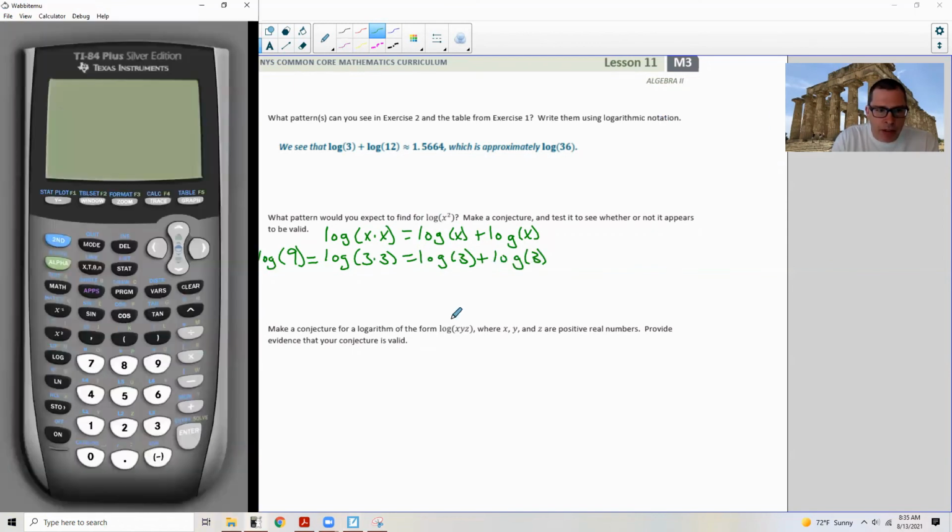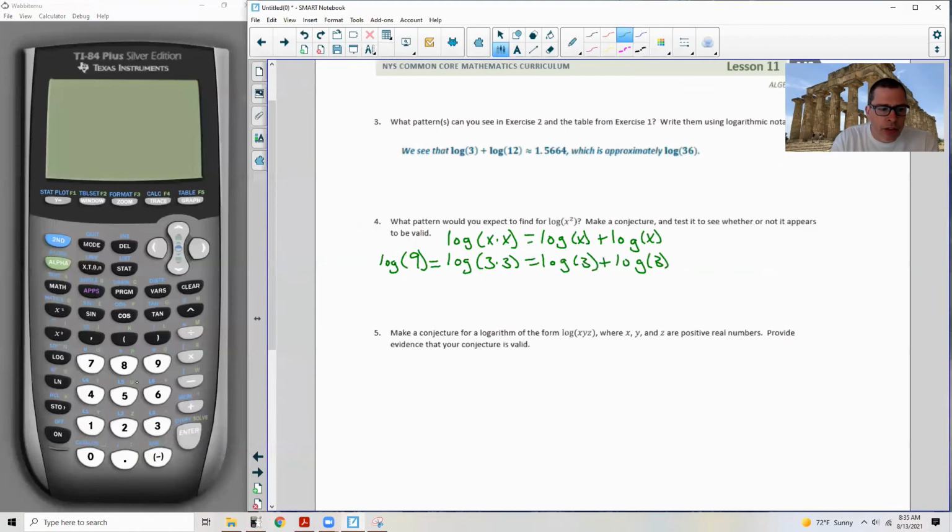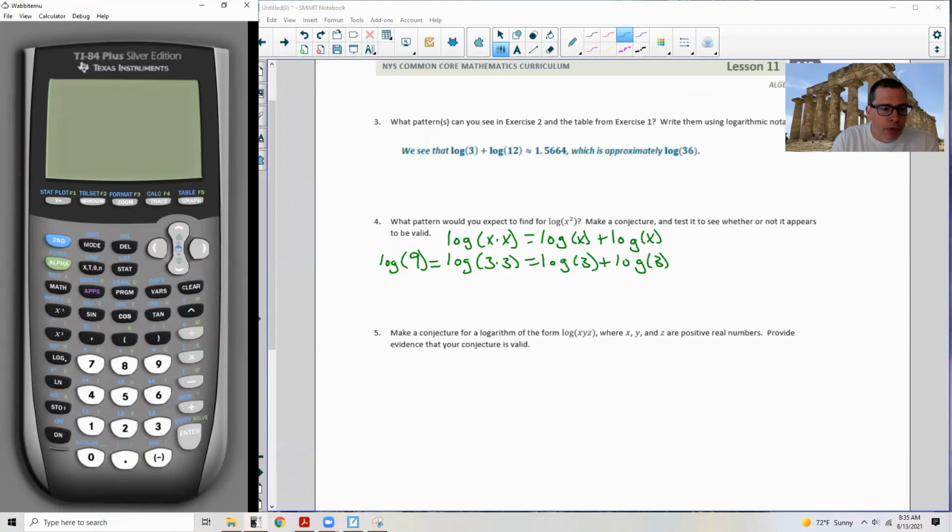So now let me get my calculator and test our conjecture. So log 9, enter. Log 3 plus log 3. Whoa. All right, it worked.